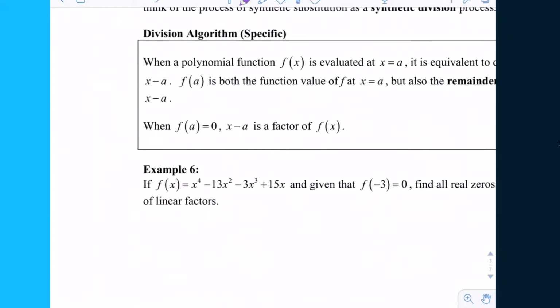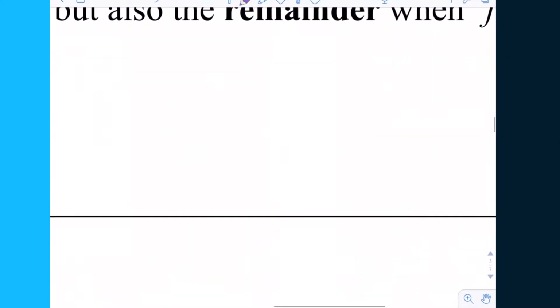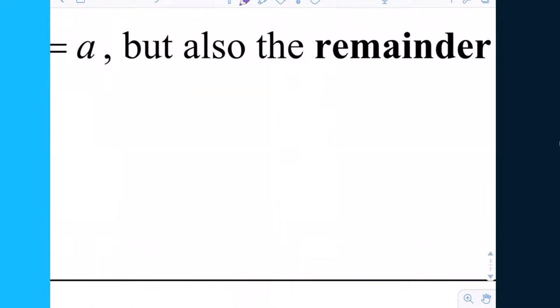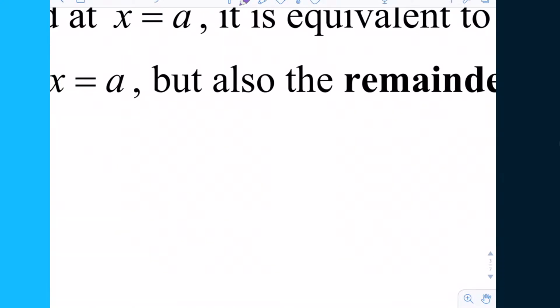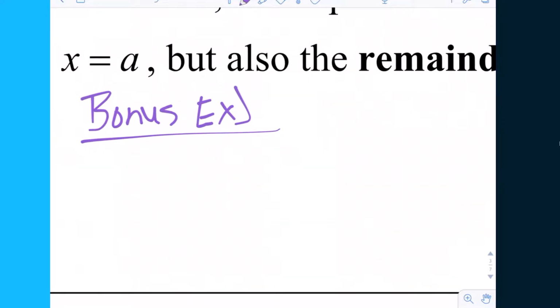Now, before I get to example 6, let me add a bonus example here, because I haven't amended these notes in quite a while, and here's what I would add. We'll call this bonus example, or extra example. How about this?